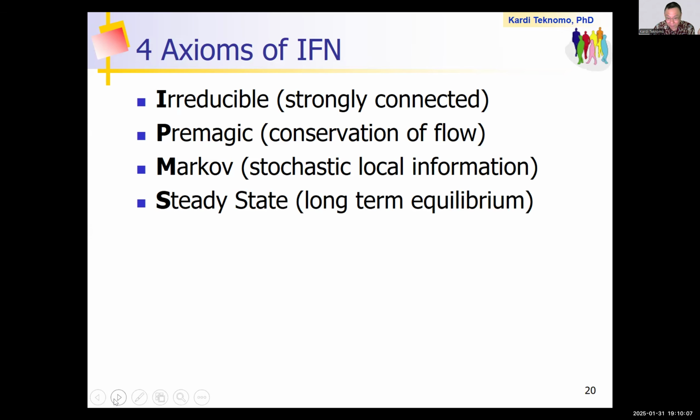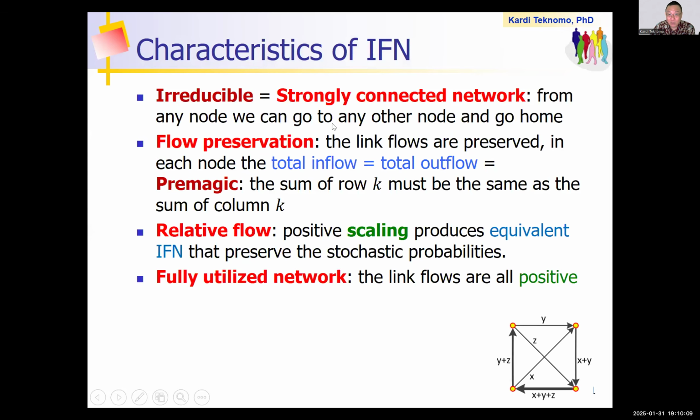So again, irreducible means strongly connected. What does that mean? From any node, you can go to any other node and then can go home. Okay. The second is premagic. That means the flow is preserved. Yeah. For any node, the total inflow will be equal to the total outflow.